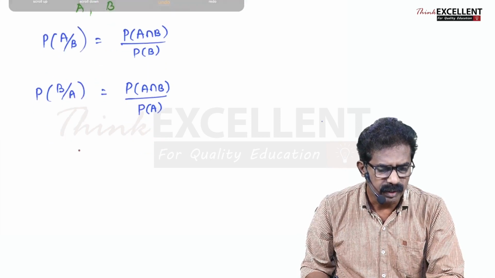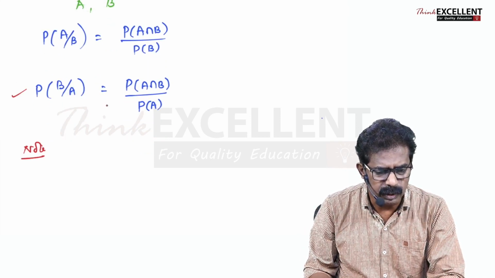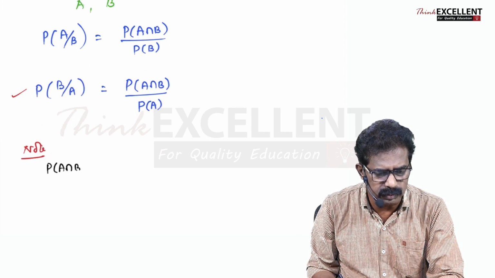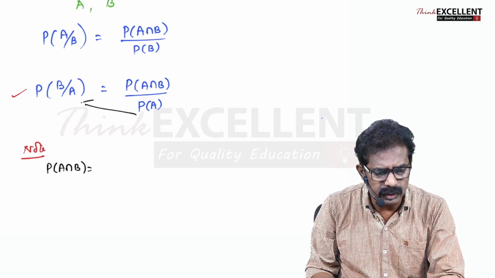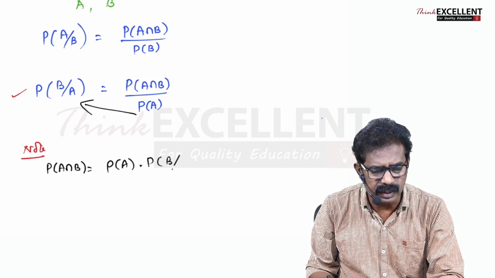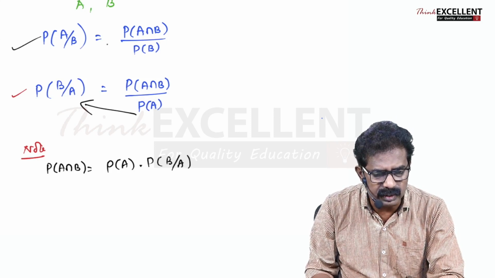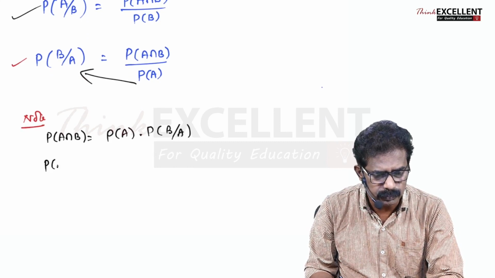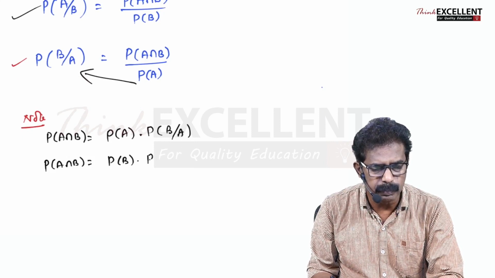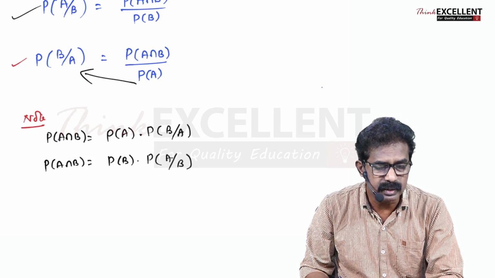Now, if I cross multiply here, you will get P of A intersection B is equal to P of A into P of B given A. If I cross multiply the first one, P of A intersection B is equal to P of B into P of A given B. So for P of A intersection B, there are two formulas.